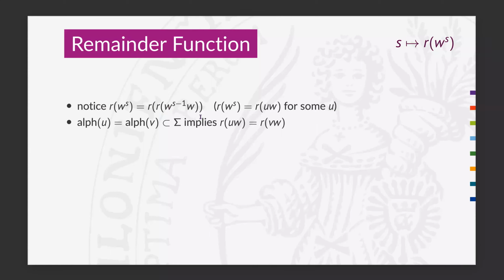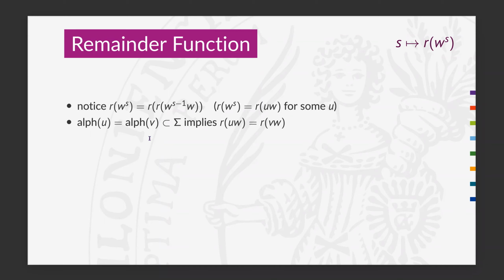And so we can compare the alphabets. And if the alphabet of U and the alphabet of V are the same, but a strict subset of sigma, then I can put them in front of U's and the rest remains the same.